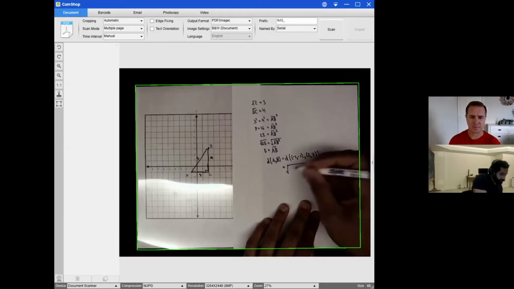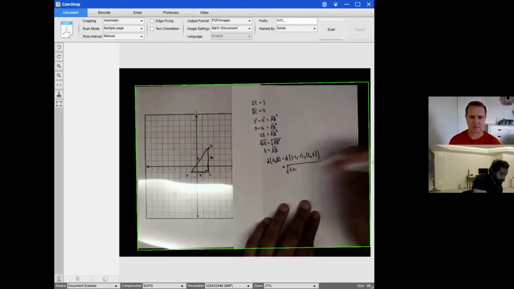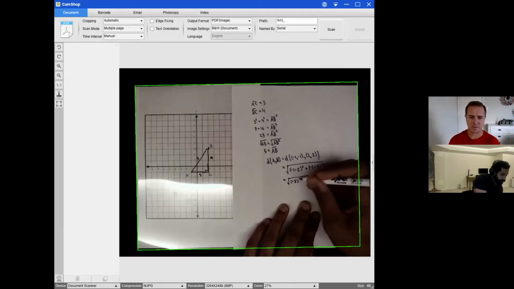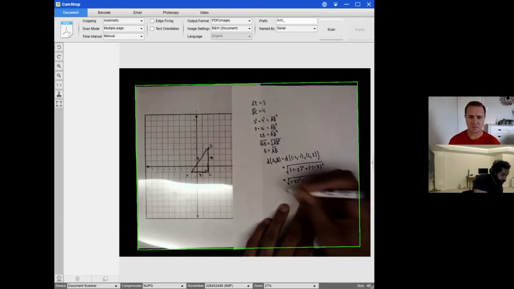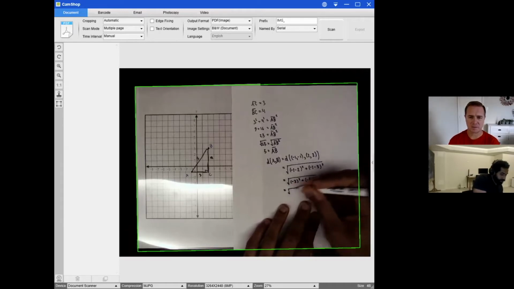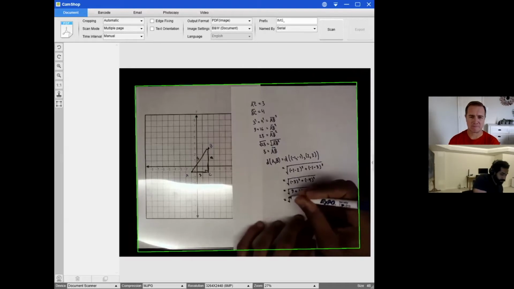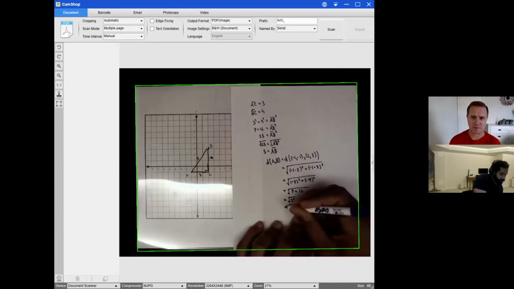Square root of (-1 minus 2) squared plus (-1 minus 3) squared. -1 minus 2 is -3, so -3 squared, plus -4 squared. -3 squared is 9, -4 squared is 16. So what we get is the square root of 25, which equals 5.